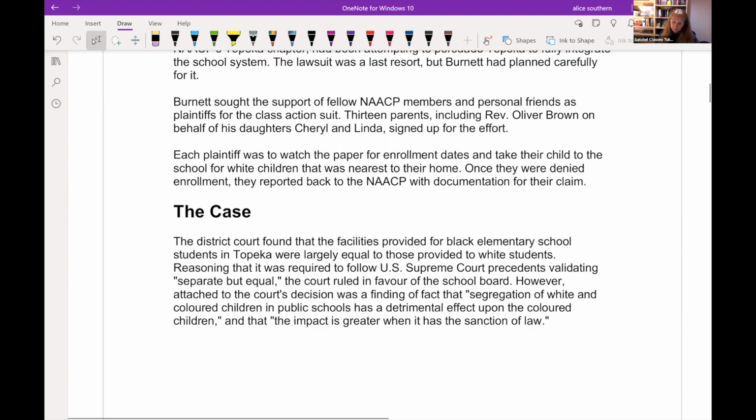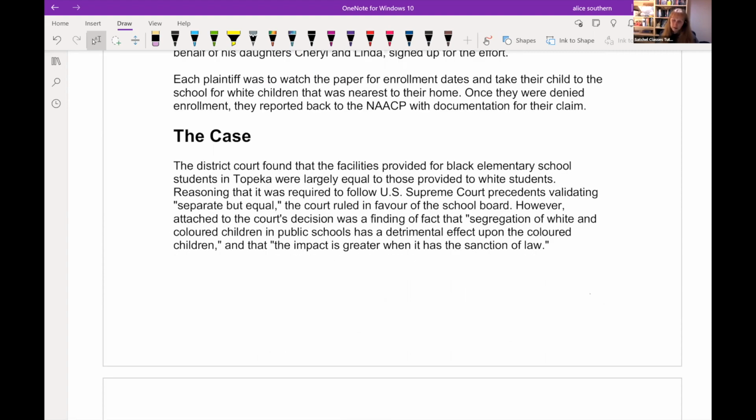So the case. They found that facilities provided for Black elementary schools in Topeka were largely equal to those provided to white students, reasoning that it was required to follow US Supreme Court precedents, validating separate but equal. They ruled in favor of the school board. So they said you have every right to remain as an all-white school.